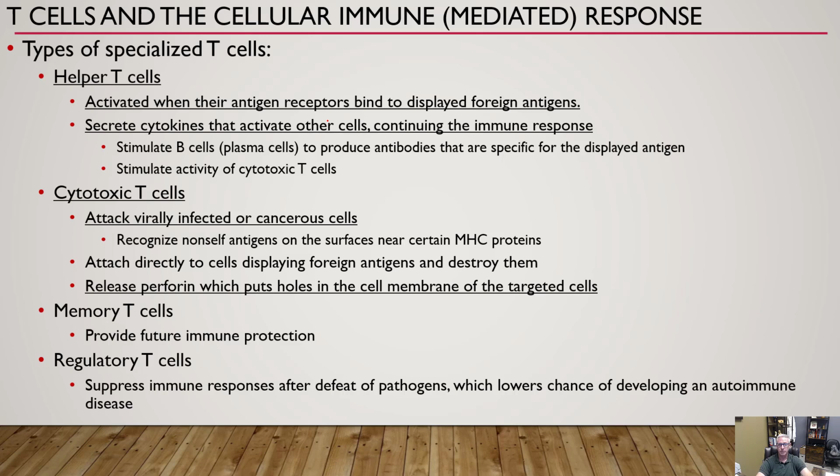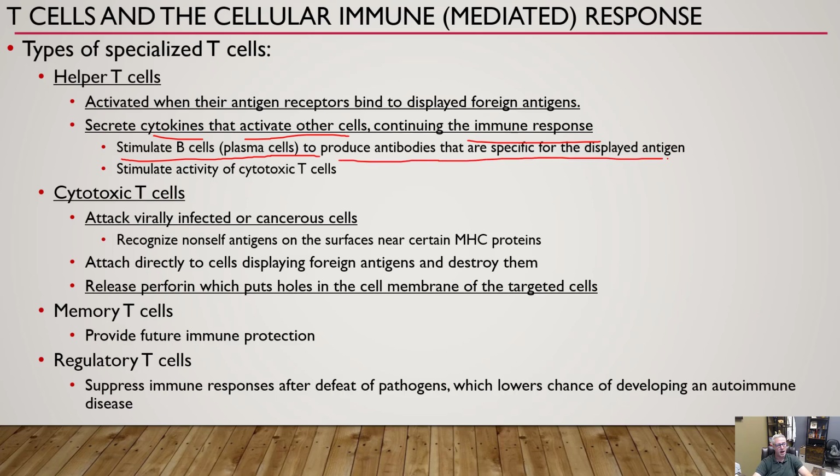So when we have that bacterium binding to that antigen, we said that it secretes those cytokines that enhance the activity of other cells and help the immune response. We talked about the cytokines here. And it also stimulates B cells. B cells are also called plasma cells, to produce antibodies.